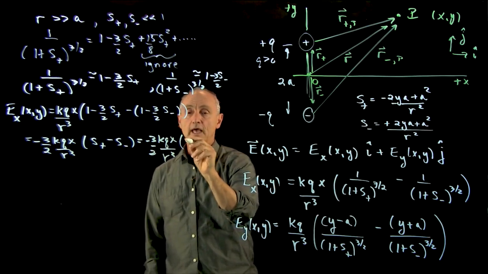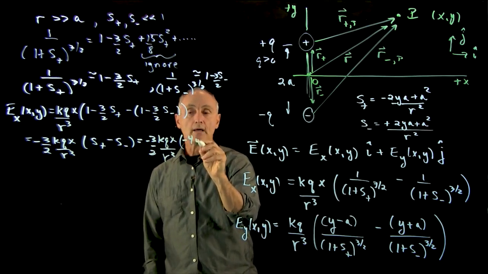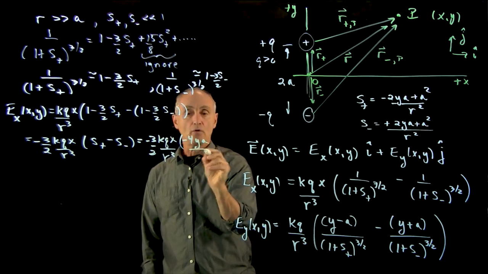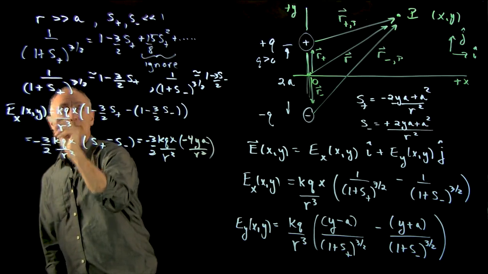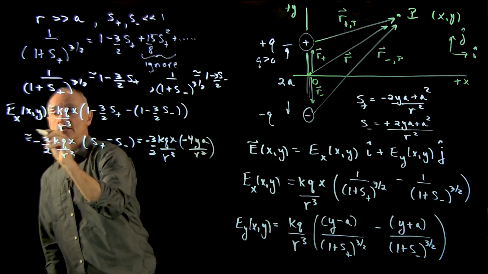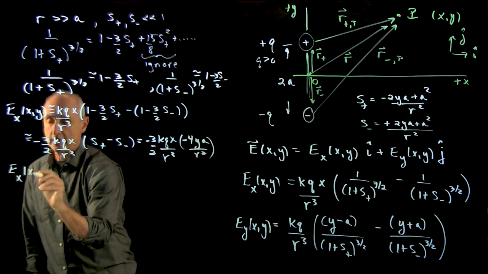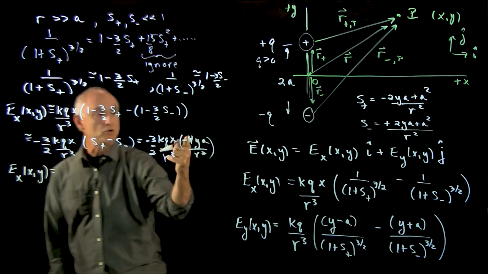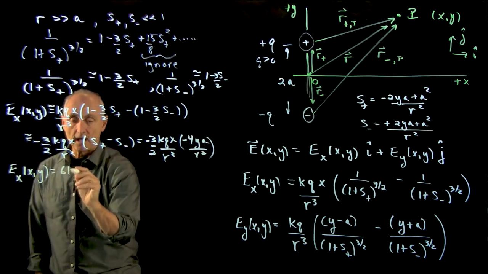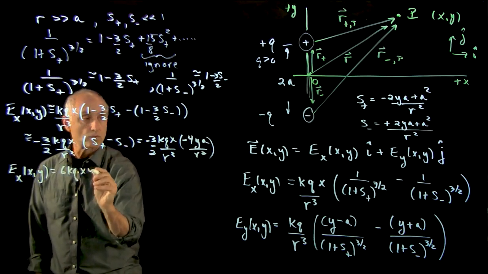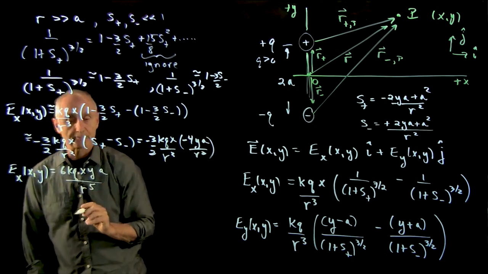So we have a minus 4 ya over another factor r squared. We're now approximating this. And so we get that Ex is xy. The two minus signs cancel. 6 kq xy a over r to the 5th.